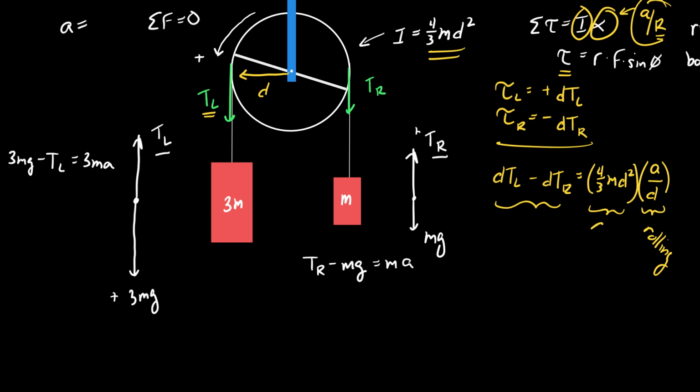This is the moment of inertia. And this is the sum of our torques. But you should also write notes about where we came up with each one of those. Something so that the next time you've got something to help you.